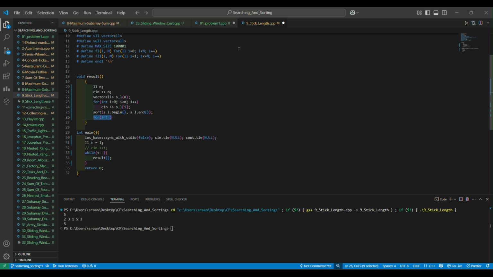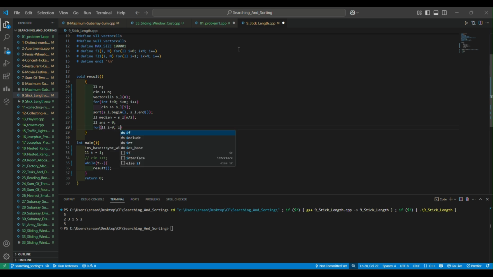Now let's try to get our answer. So our median is the centermost element of our vector. Then let's try to find our answer. Initially take our answer to be 0.